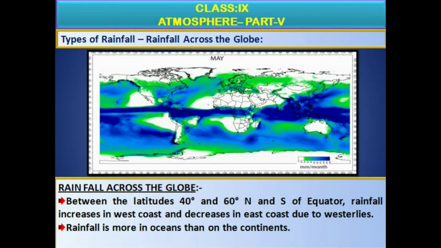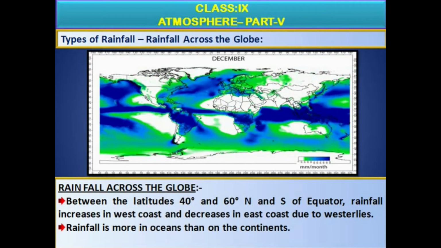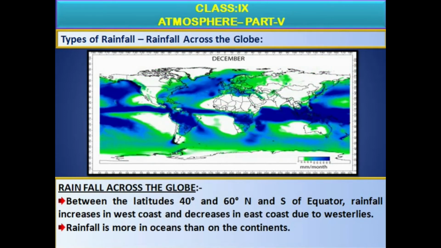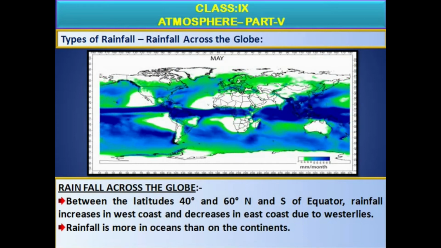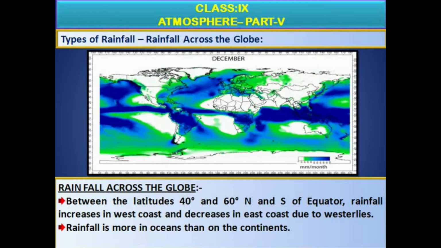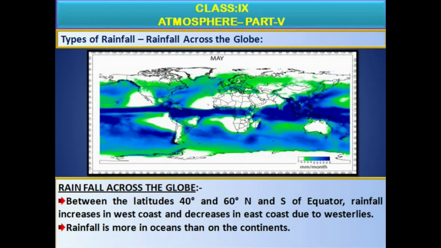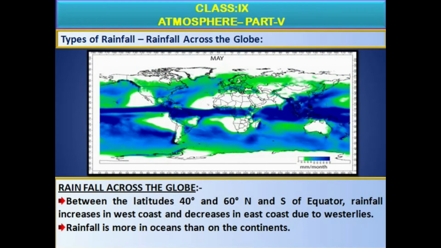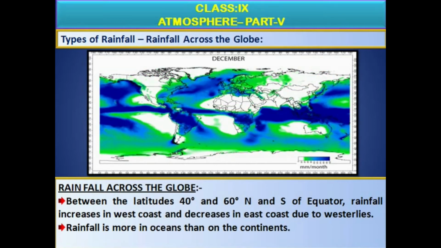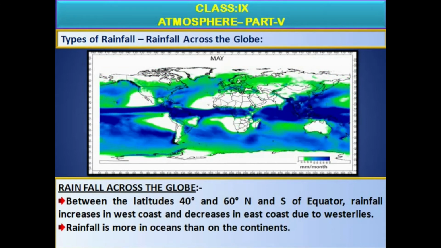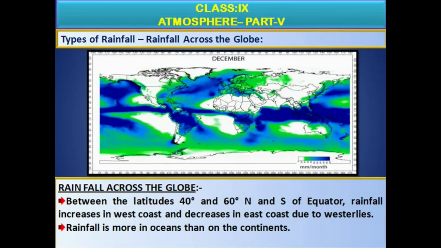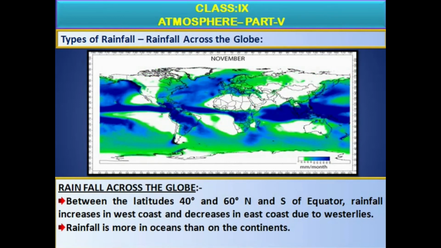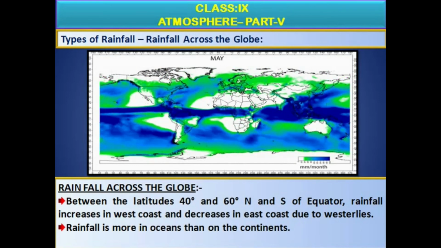Between the latitudes 40 degrees and 60 degrees north and south of the equator, rainfall increases in the west coast and decreases in the east coast due to westerlies. Low pressure areas, especially around the equator, receive higher rainfall than high pressure areas. Rainfall is more in oceans than on the continents.